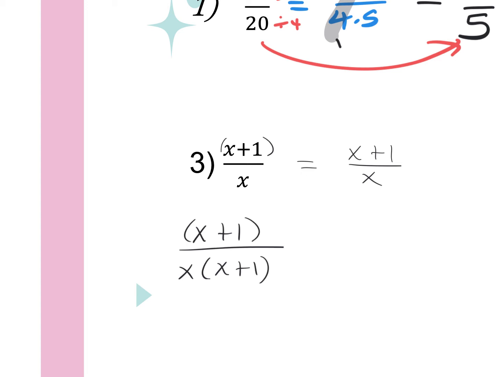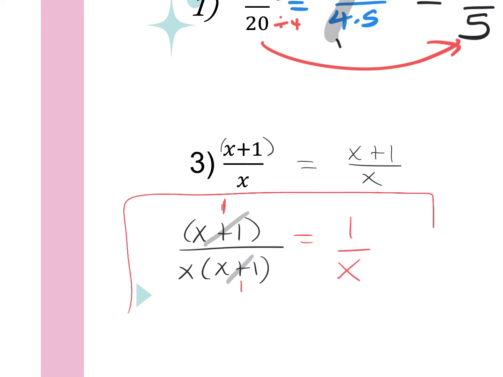Now I've got a match. The x plus 1's will cancel. I'm left with a 1 left behind. And then this would simplify to 1 over x. So this is a totally new problem. This one could not be simplified, so you would just rewrite it.